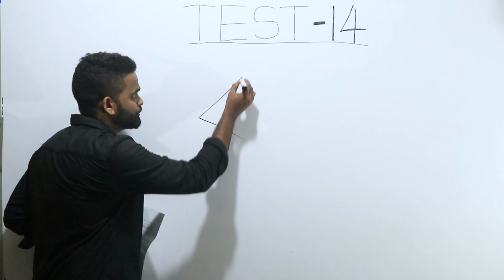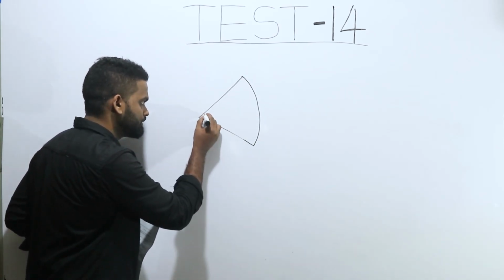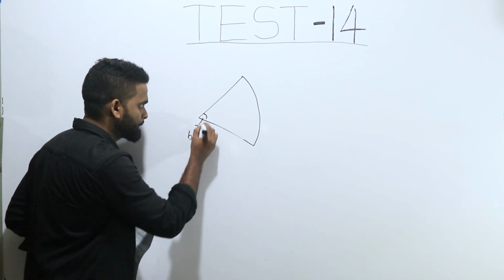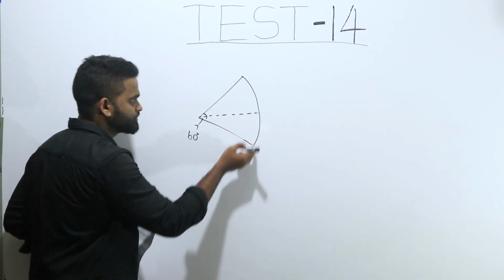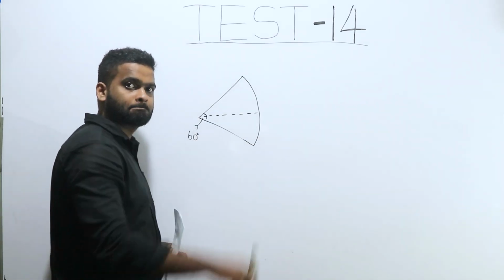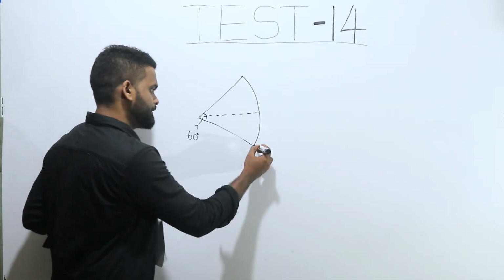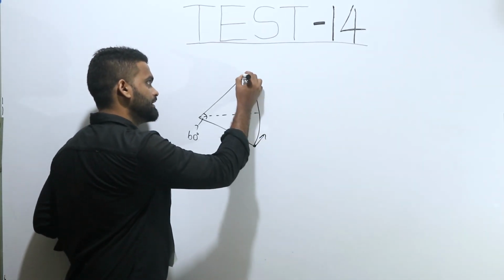So I'll draw this arc. So this angle is 60 degrees. This is part of that circular motion. Velocity here is v. Here is v.